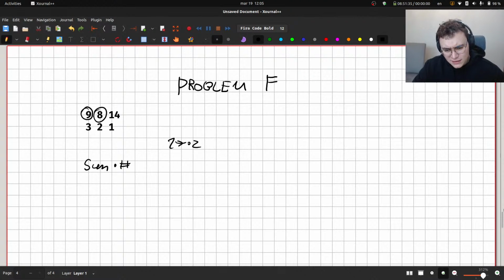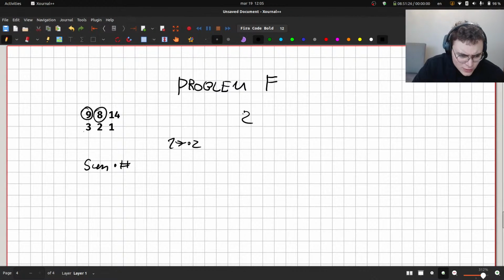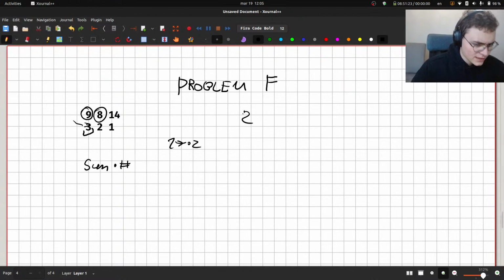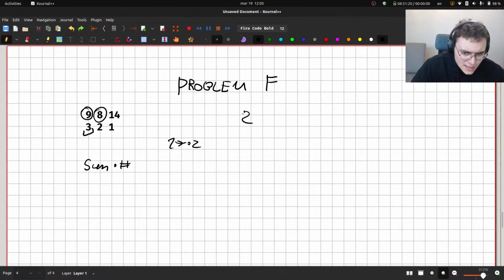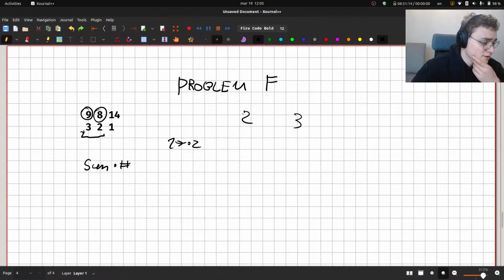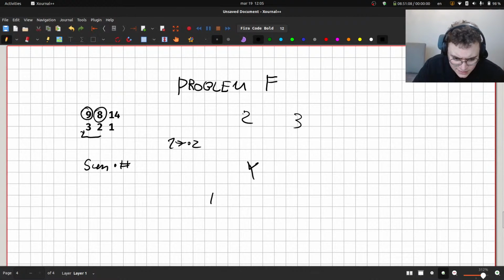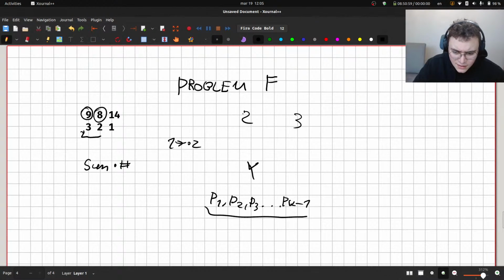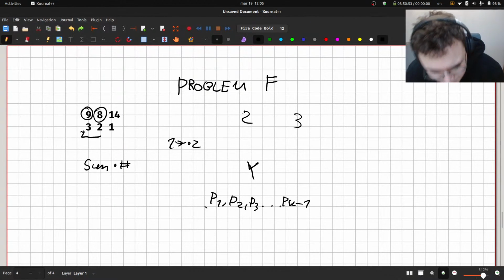But we also know that when we take k values, we have first k minus 1. So let's say that if we take the first two values, then we can't take index 3. Index 3 can't be one of those values. If we take three values, then index 3 and 2 can't be part of those values. Right? So we know that if we take k values, one of them can't be p1, p2, p3, up to p_{k-1}. We can't take them into our subset.